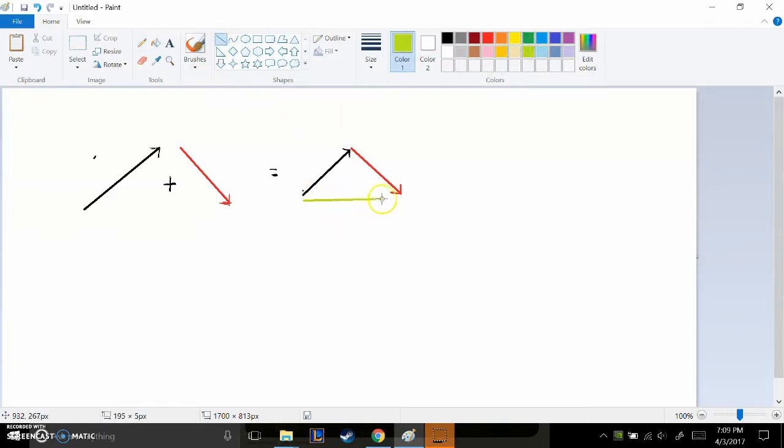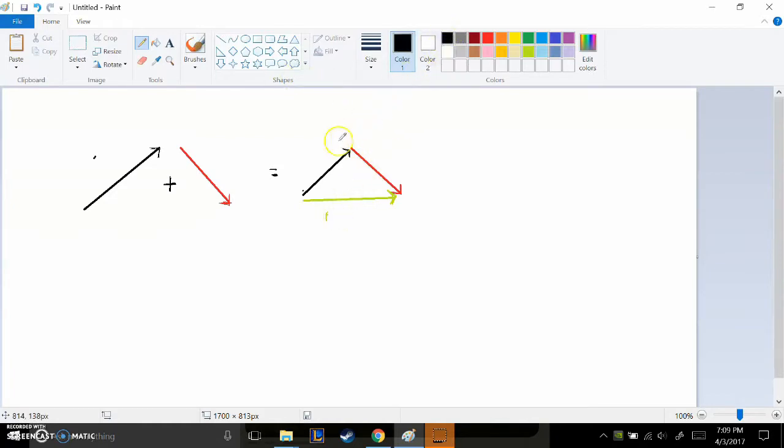And we get a new vector, which points from the first, tail to tail. This resultant vector is actually the sum of this one and this one.